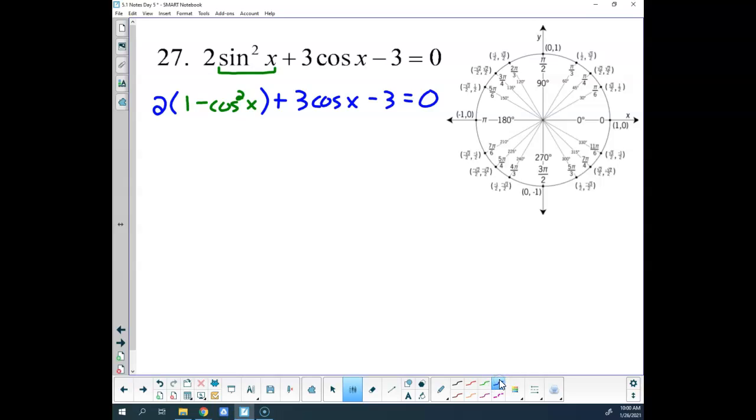I just went around the room and spot checked everybody, and everybody got to here. Distributing in the 2. Love it. What would we do next? Combine them. Yep.